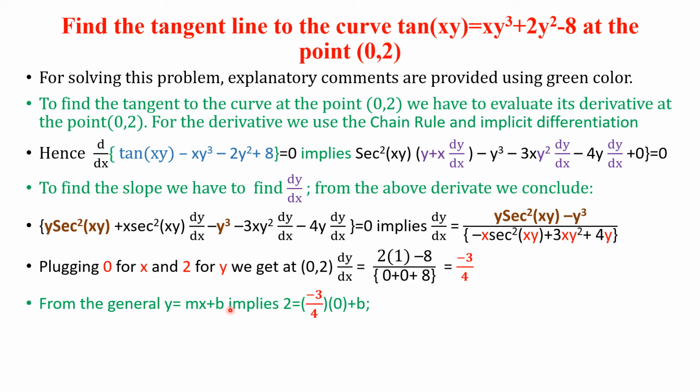And then we can just go ahead and plug into the equation negative 3 divided by 4, multiplied by 0, which is the value of x, plus b. This proves that b is equal to 2. And from there, the equation will be y = -3/4 x + 2.